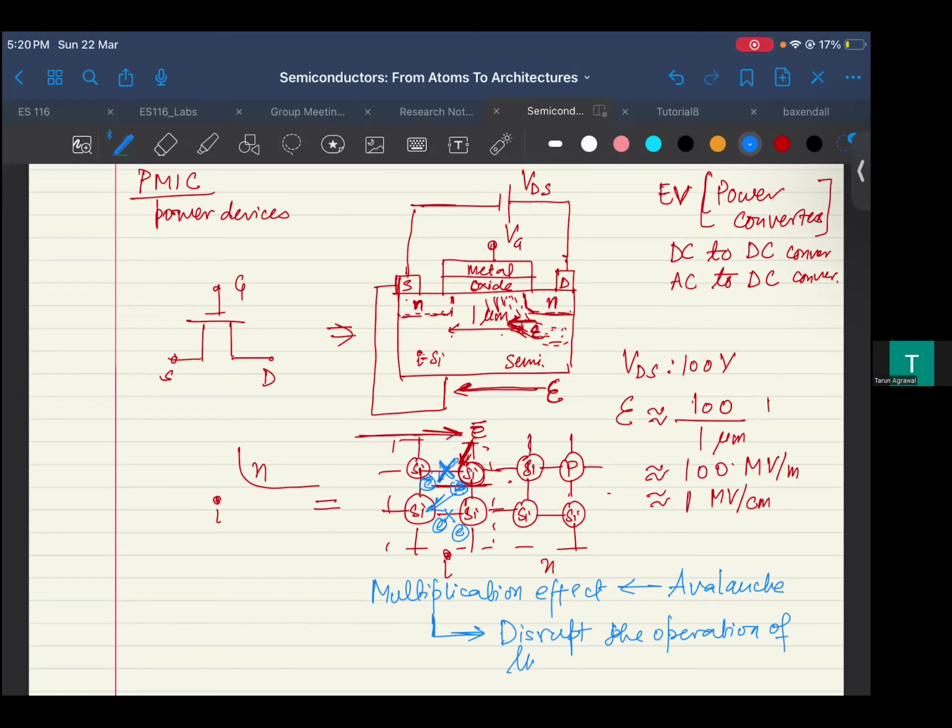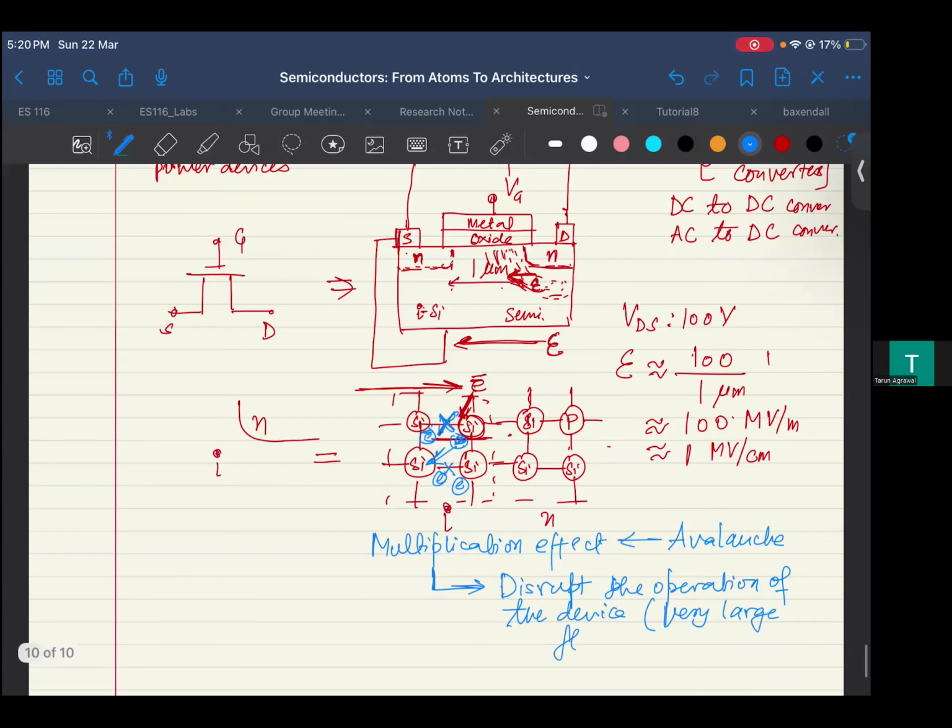Because of these things, there is a very large current flowing at that field. And that field is what we know as the breakdown field, because this is similar to a breakdown. So this is what we know as the breakdown field or breakdown voltage, right?